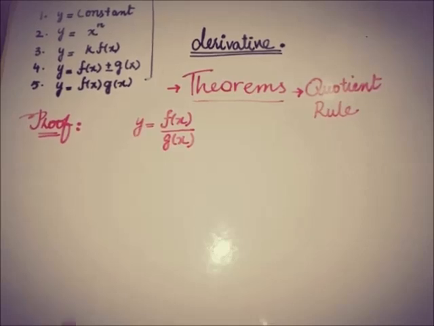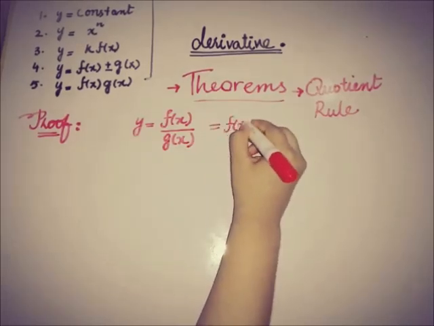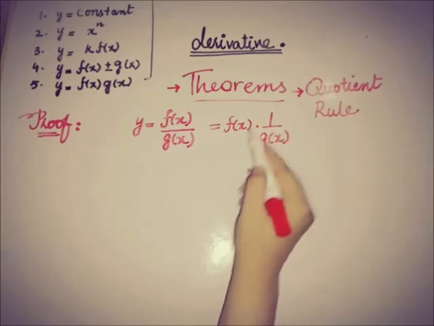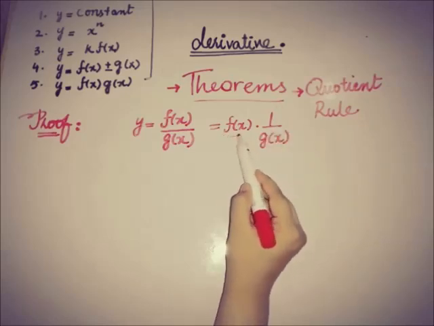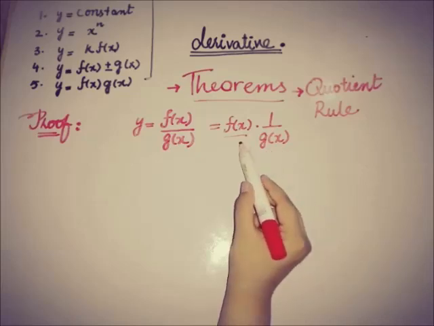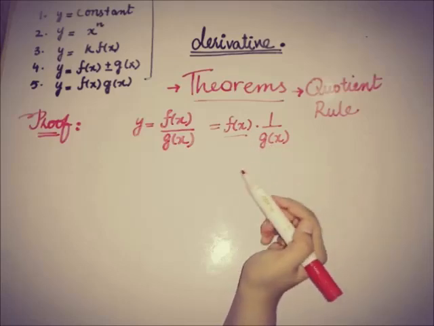So now the function is f of x over g of x. We can also see it from a slightly different angle. f of x is a function and 1 over g of x is another function. So there is a product of 2 functions, and we can use the product rule to prove this.